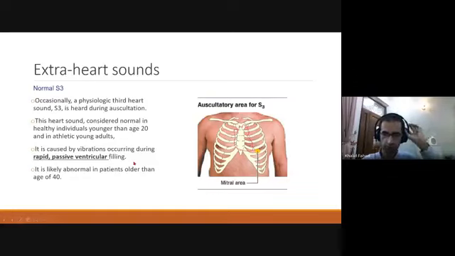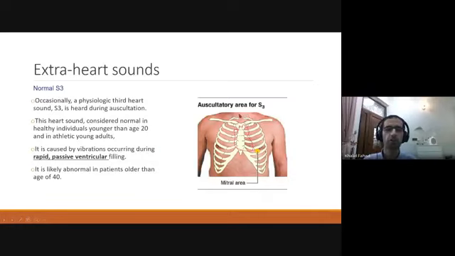Clear? So clinically, how can you know whether this is the first heart sound or the second heart sound? Timing here is important. You should palpate the carotid and then put your stethoscope. If you hear the sound that comes with the pulse, this is systolic, which corresponds to the first heart sound, while if the pulse disappears and you hear a sound, this is the second heart sound.